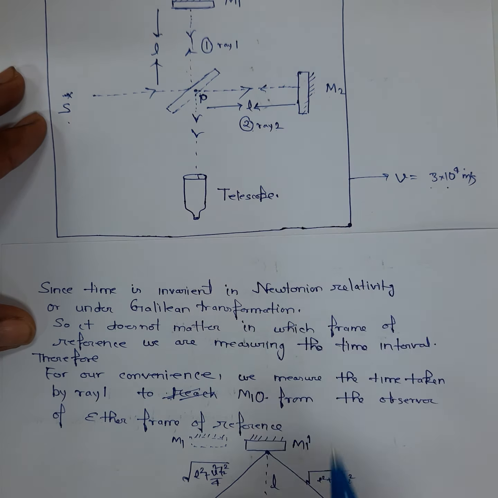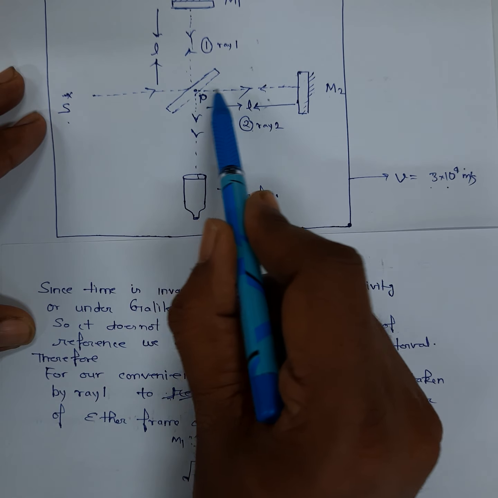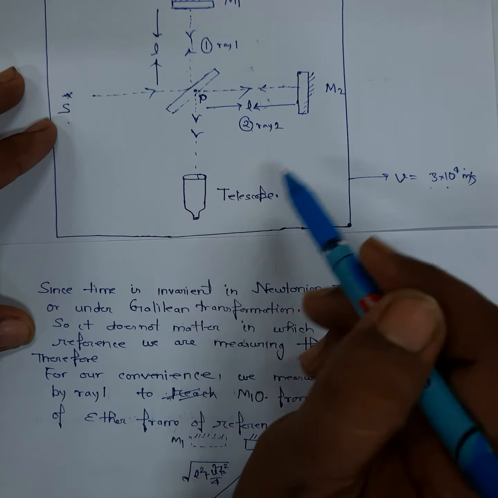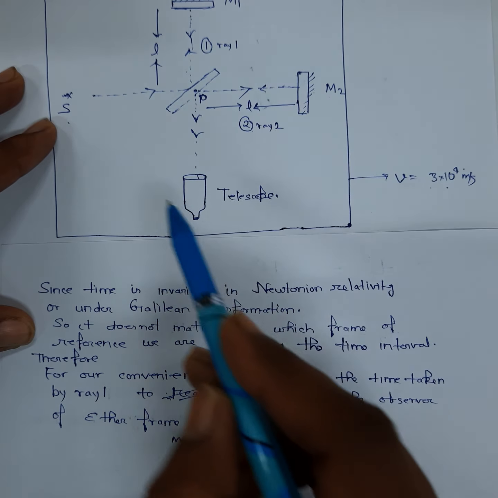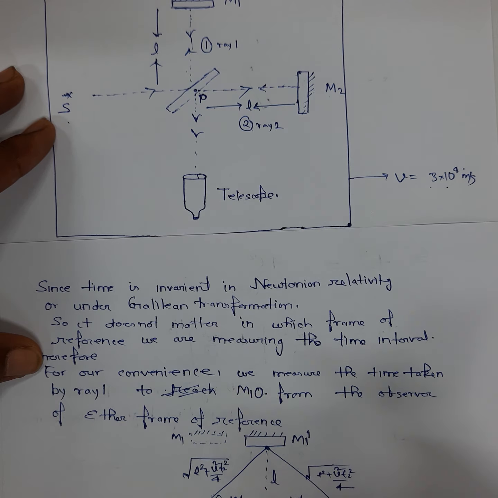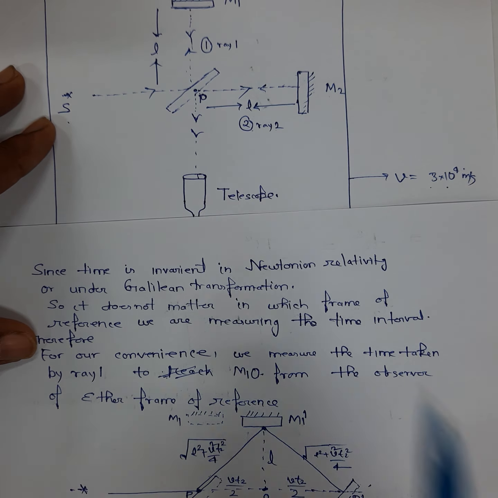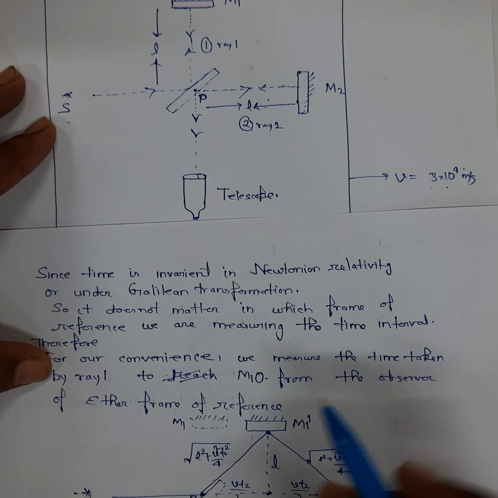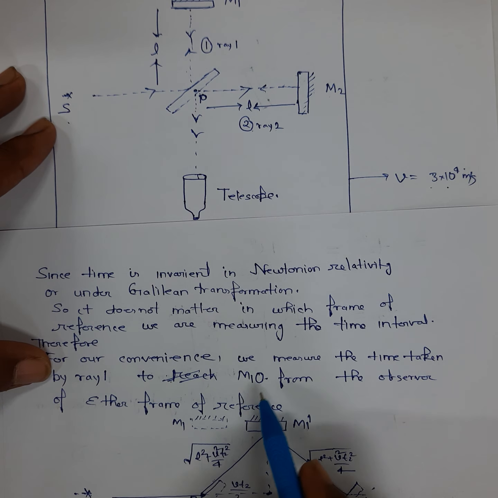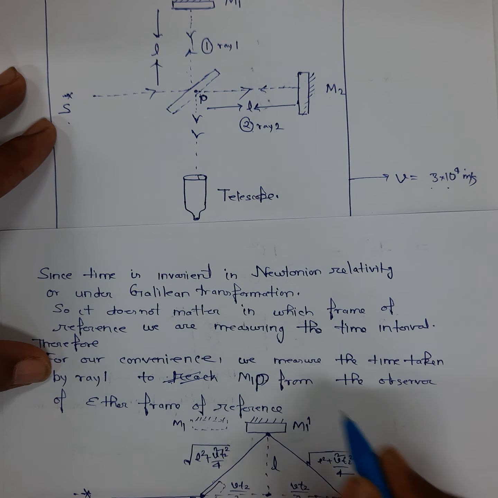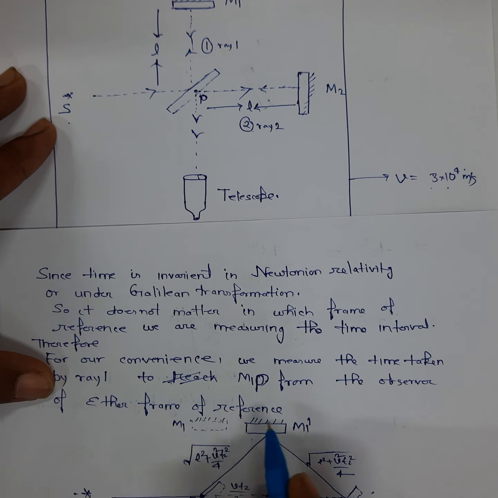In this case, we have measured the time interval in the laboratory frame of reference with respect to the observer of the lab, but for our convenience we measure the time taken by ray 1 to reach M1 and back to P from the observer of the ether frame of reference.